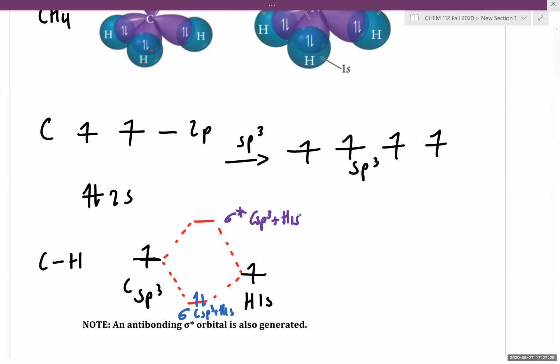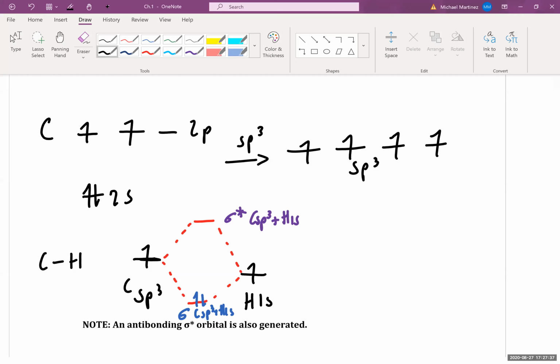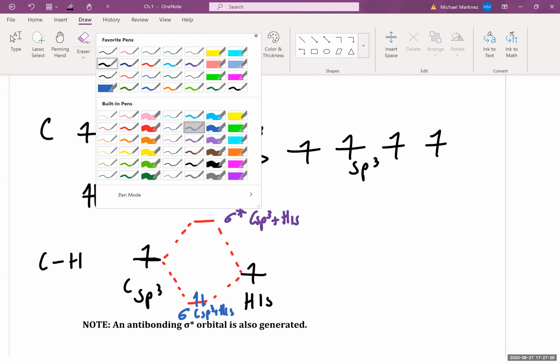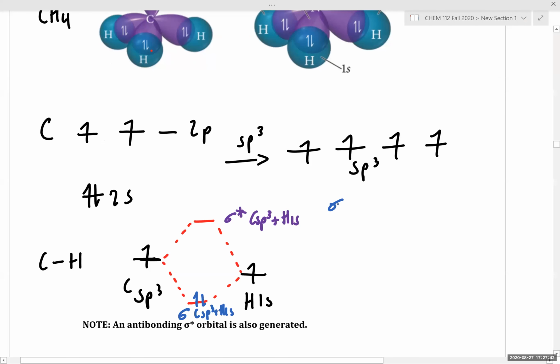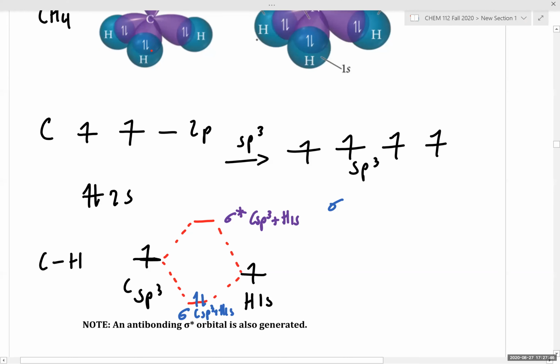Okay. So to show you a little bit about what these orbitals look like. For our bonding orbital, our bonding orbital indicates a constructive overlap. So we have an overlap between our 2 orbitals that results in the sharing of electron density between our atoms.